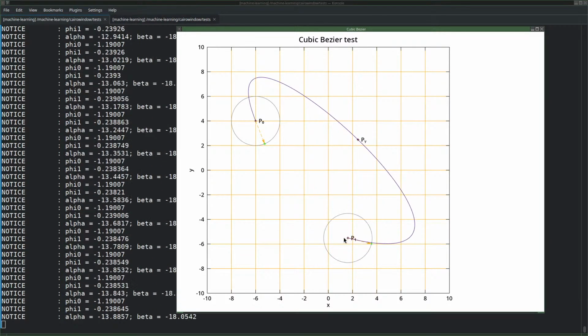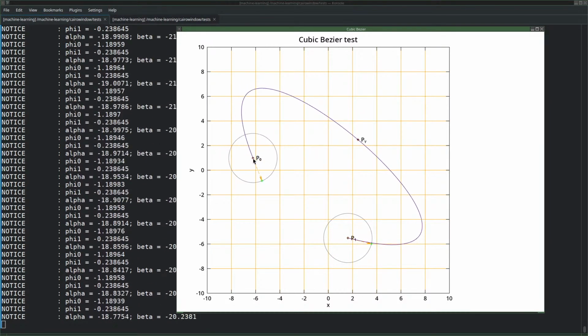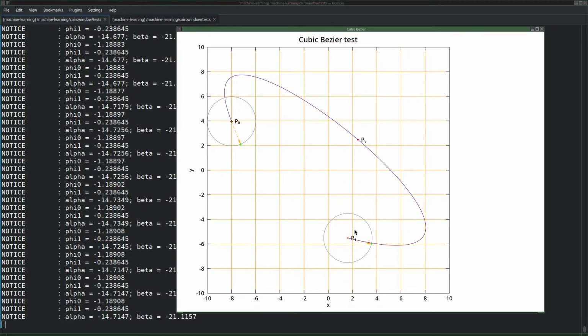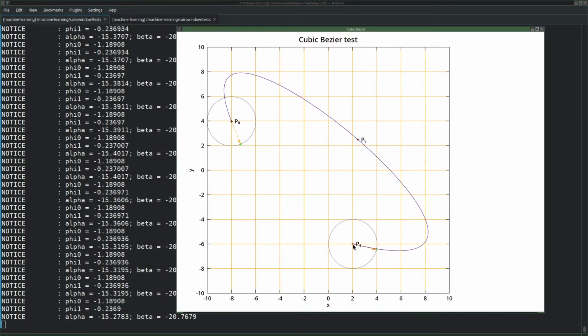I would pass a t and then I get back the coordinates of the points and the direction vector. And I would also get a direction vector on this point, but I ignore that because there are too many degrees of freedom otherwise.